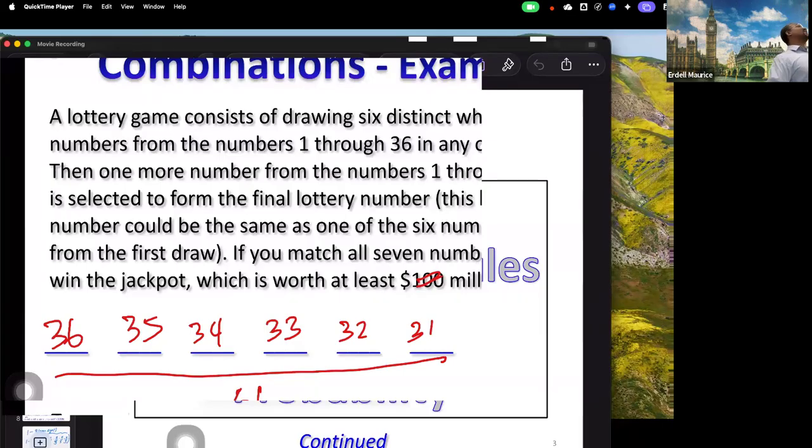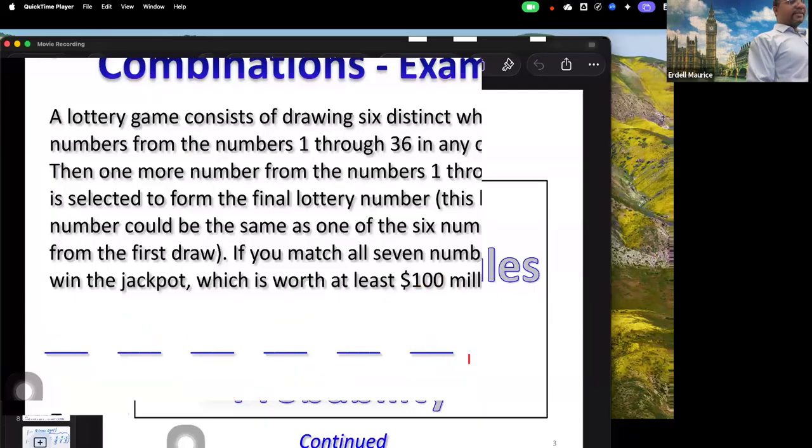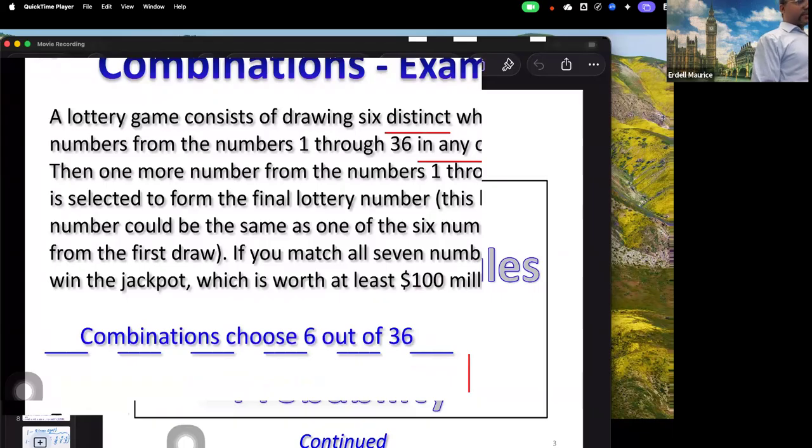If you multiply these, you get a huge number. And then they have the audacity to say, you know what, for the Powerball you have to multiply it by 19 again, because there are 19 choices for the Powerball. You have to multiply it by 19 to get the number of different possibilities. All right, so like I was saying, this is going to be 36 choose 6 and then multiply by 19.